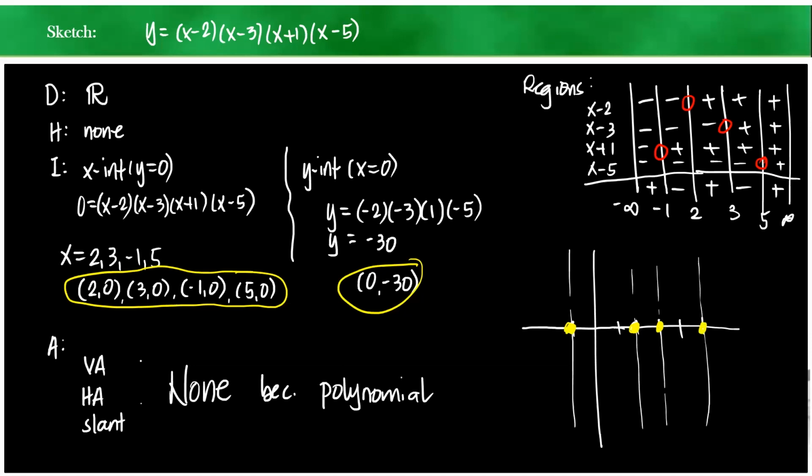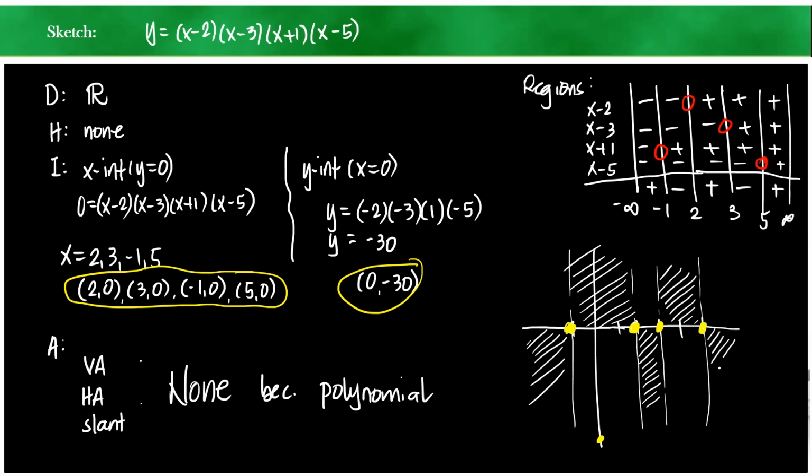Let's just say this is -30, guys. So let's do the shading. From -1 onwards, it's positive, so I can't have any graph at the bottom. Between -1 and +2, it's negative, so I can't have any graphs on top. And then in here, it's positive again, so no graphs at the bottom, no graphs on top, and lastly, no graphs at the bottom.